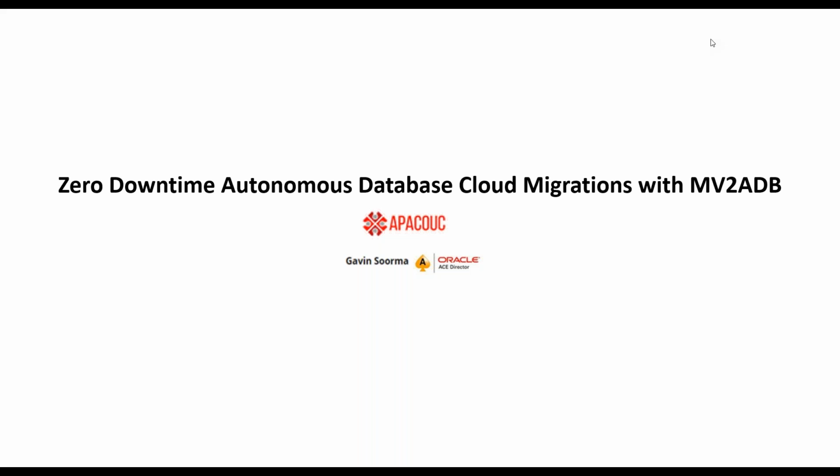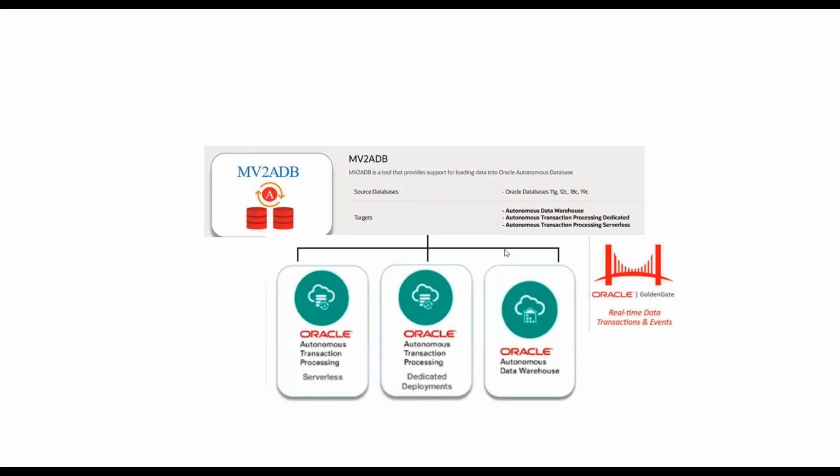My name is Gavin Soorma, and in this session, we're going to look at a topic called Zero Downtime Autonomous Database Cloud Migration using a tool called MV2ADB. So we have that autonomous database in the Oracle OCI Cloud, that comprises the autonomous ATP and autonomous ADW.